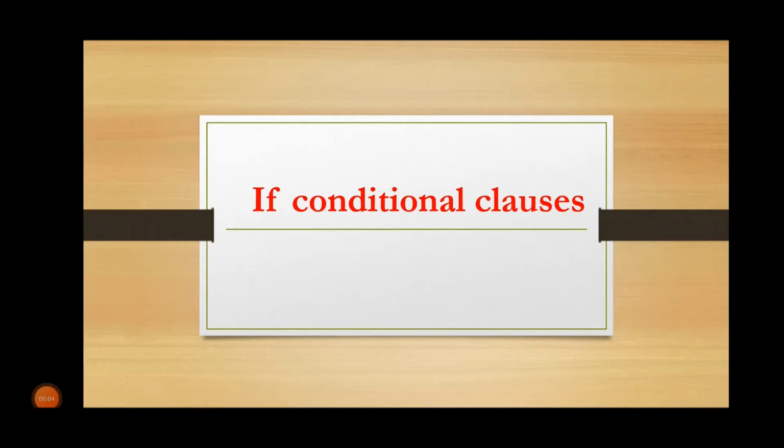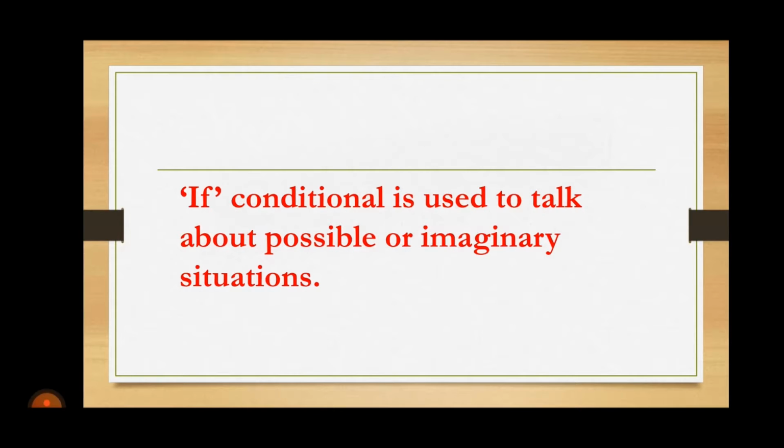And today's special topic is on if conditional clauses. Of course, you have four types: zero type, first type, second type, third type. Likewise, you're having four types in that. So, actually, you are talking about possible things as well as imaginary things in these special sentences.